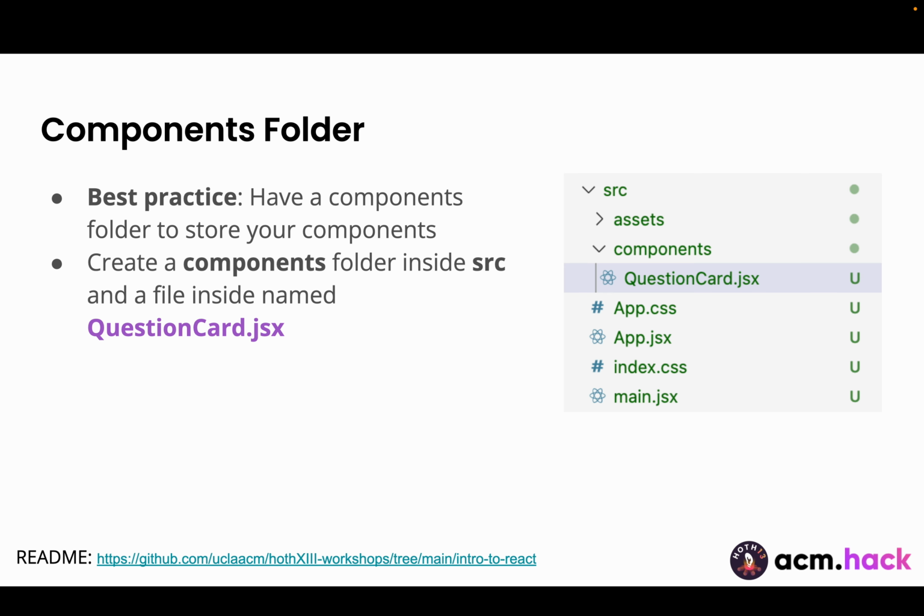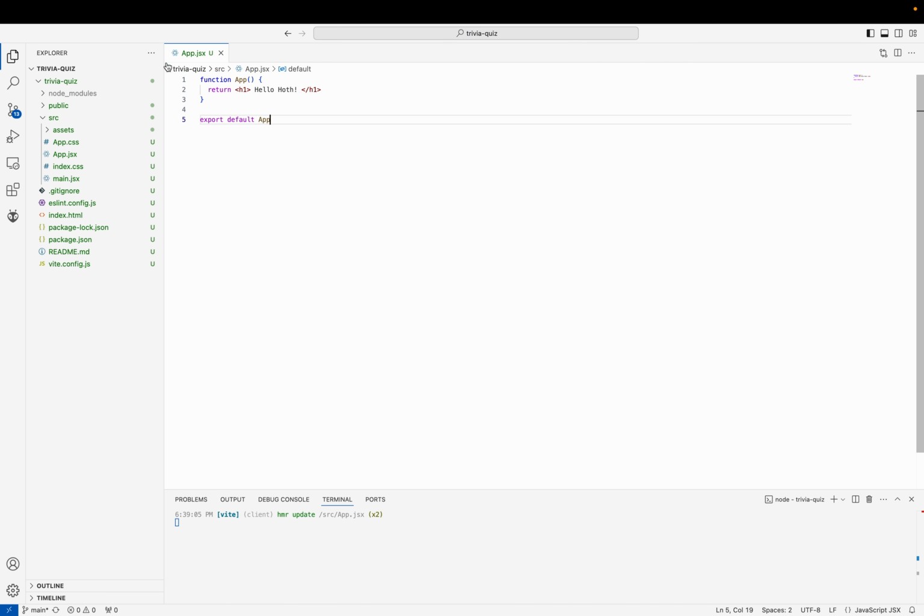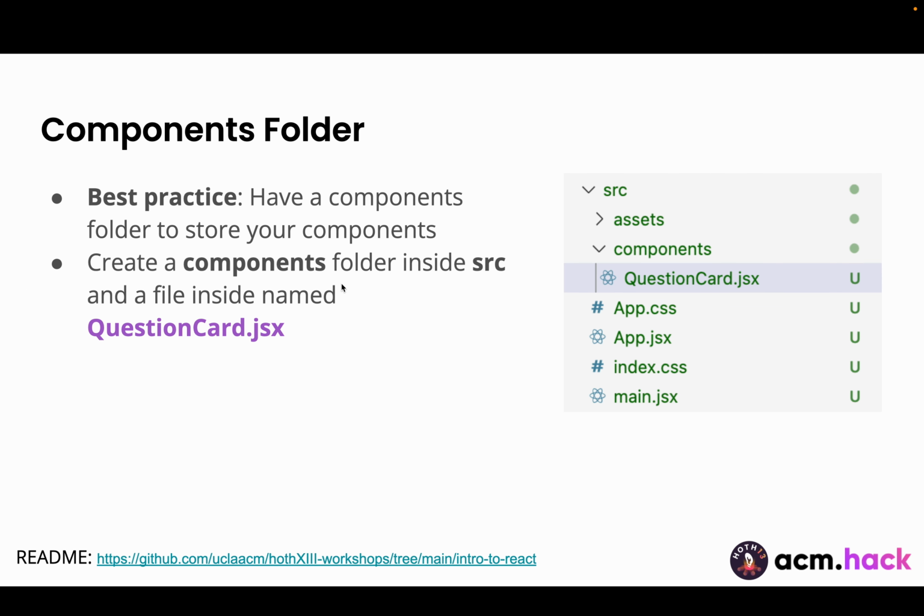It's a best practice to create a components folder where you can store your components. So let's do that right now and create a file inside called QuestionCard.jsx. Let's go over here inside source and create a new folder. We'll call that components. And inside, let's create another file called QuestionCard.jsx. This is going to be one of the trivia questions.